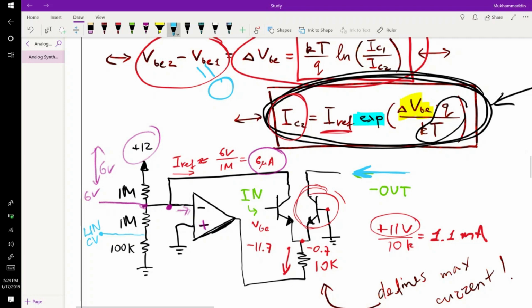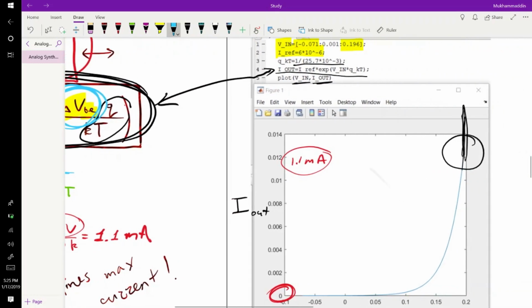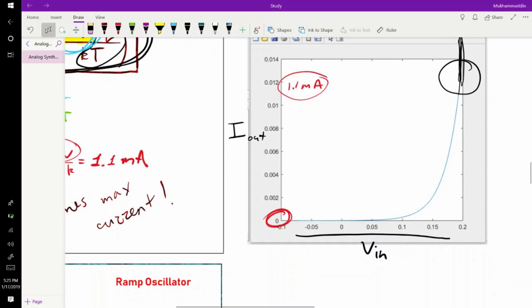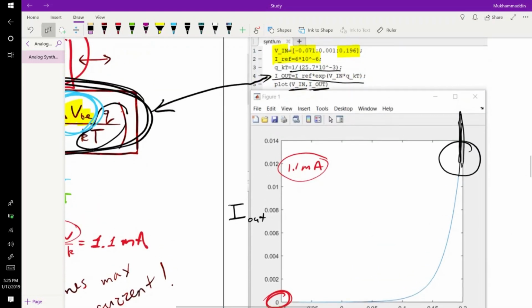And as a result, by linearly changing our delta VBE, I remind you we're changing this with coarse and fine frequency adjustment through summing amplifier. By linearly changing that, we are exponentially changing IC2, and here is the shape of the relationship between V in and I out that we're achieving.